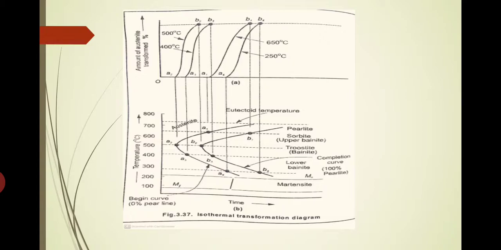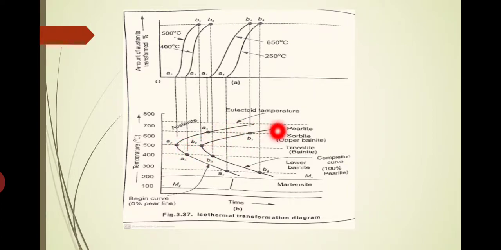So what you can conclude from this figure is, to the left of this curve, that is the innermost curve joining A1, A2, A3 and A4, the structure of the steel is in a stable state, that is what is known as austenite. In this entire region, the structure of the steel is stable and it is known as austenite. After B, complete transformation has happened. In between, the transformation will be taking place.